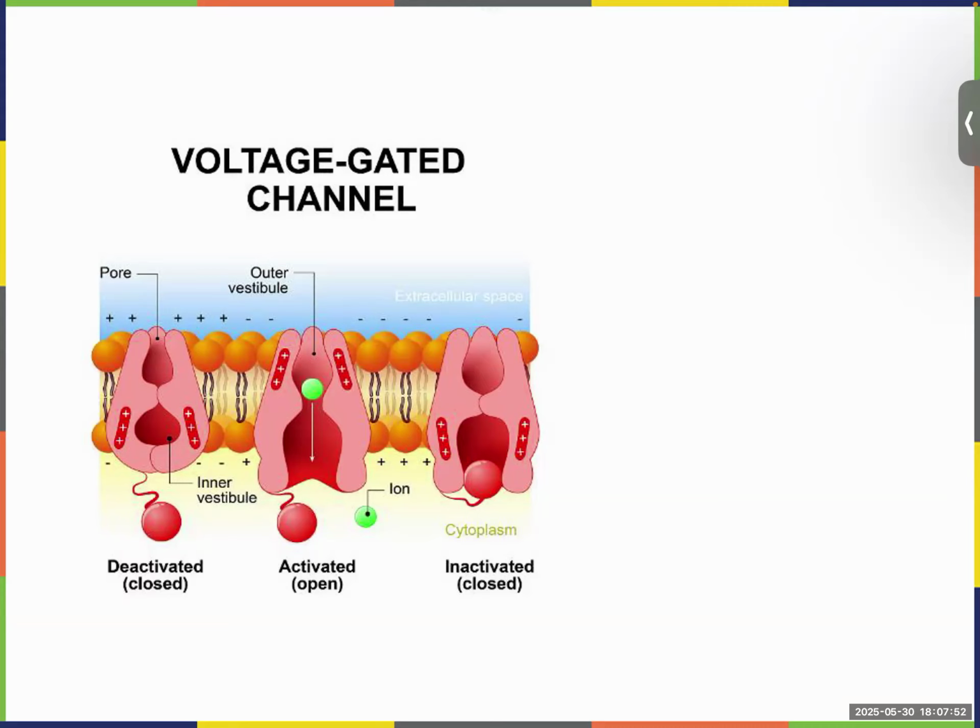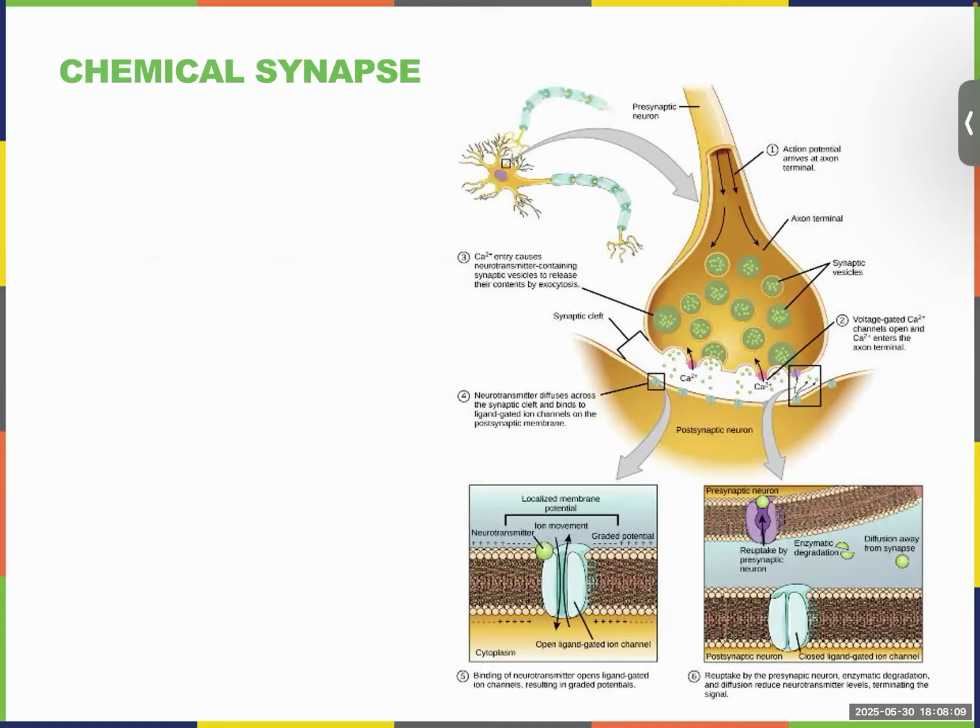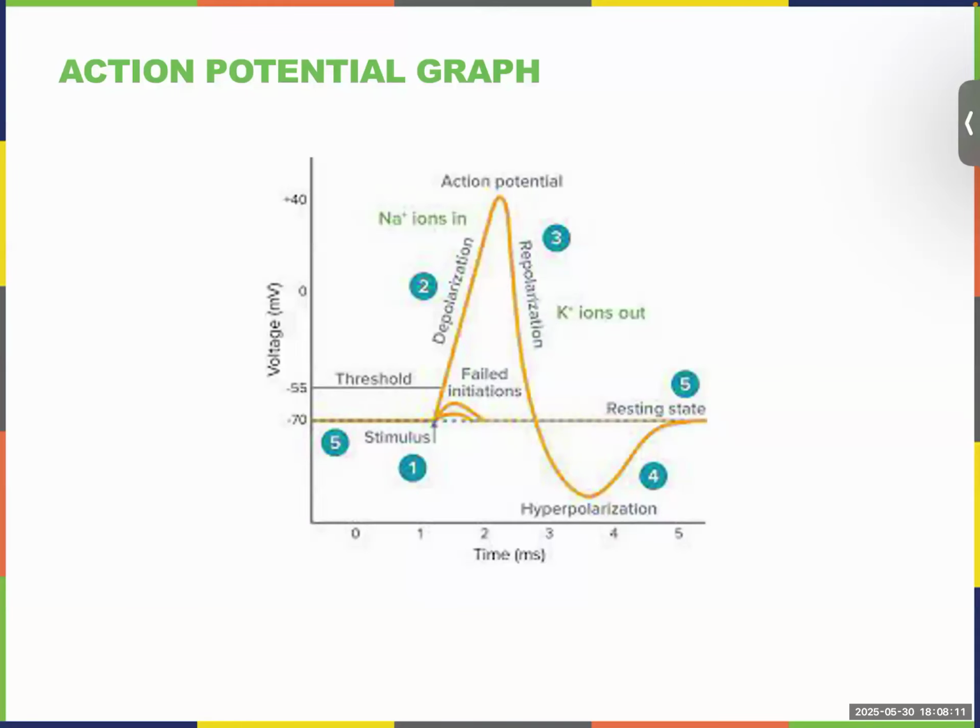So ligand gated, the neurotransmitter physically binds there and opens it like a key in a lock. Here, it's a little bit more abstract. There's a change in the charge, which we mentioned before, how that's mediated with sodium ions coming in, and then repolarization with potassium going out, which is the opposite direction that the sodium potassium pump works.